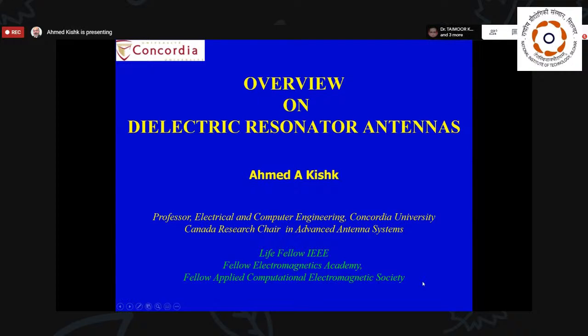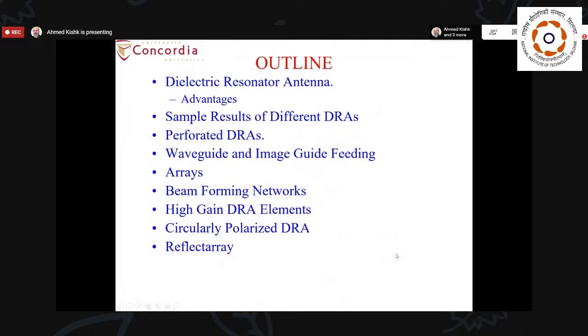Thank you very much. Today, we're going to give a very quick overview on the dielectric resonator antenna from the start. The outline of this talk will be related to what is the dielectric resonator, and I guess all of you are familiar with all of these, so I'm going to go fast over some parts of this presentation in order to be able to cover the whole presentation because it is too long.